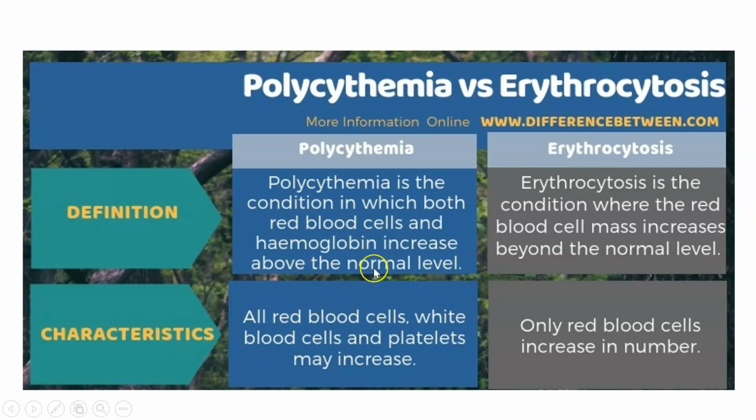So what you'll find with polycythemia is that not only does the red blood cell number go up, but also the white blood cells and the platelets may also go up as well. It just depends where the mutation is affecting. Whereas with erythrocytosis, it's always only the red blood cell number that goes up. So that's the difference between the two.